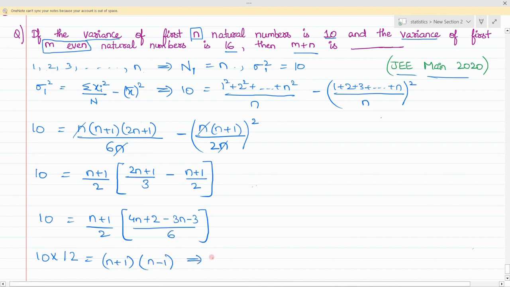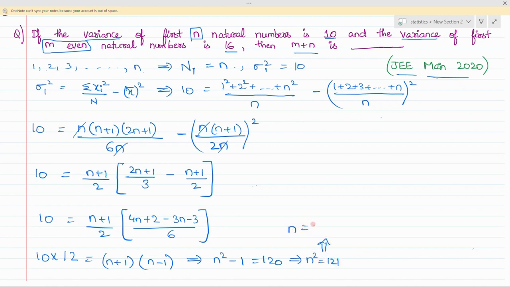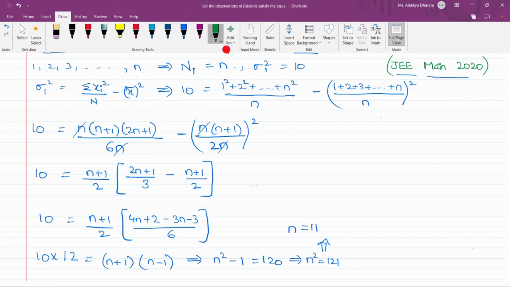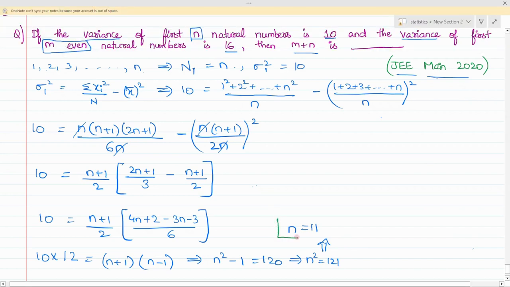From here we can write it as (a plus b) into (a minus b). So n square minus 1 is equal to 120, and n square is 121. From here we can get the value of n, that is 11. It can't be negative because we are talking about the number of terms, which is always positive. So we got the value of n.